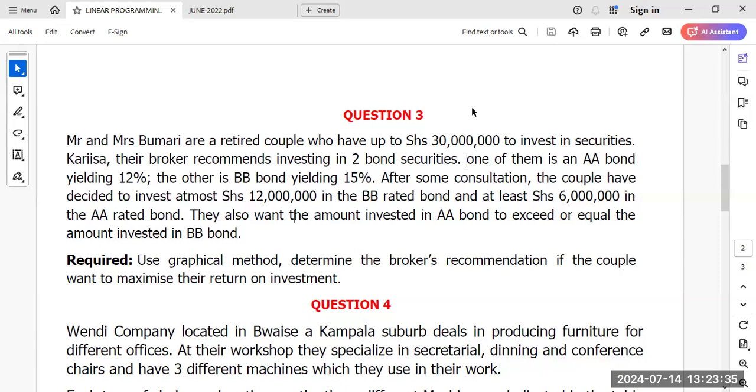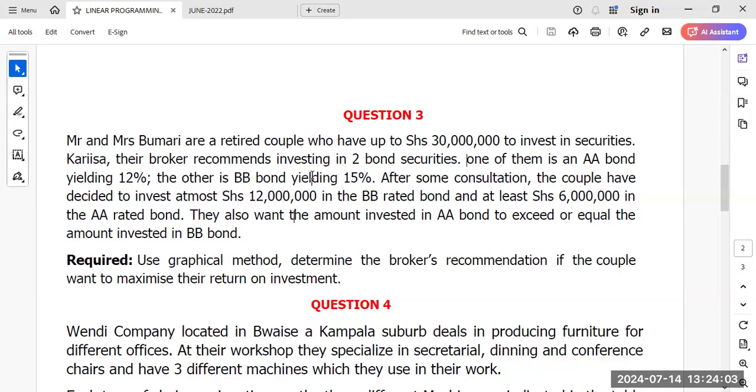The profit function, okay. Another person is saying there is an inequality. Which inequality here? One of them is a bond yielding this, then another is a bond yielding this. Now, which inequality can you put there?